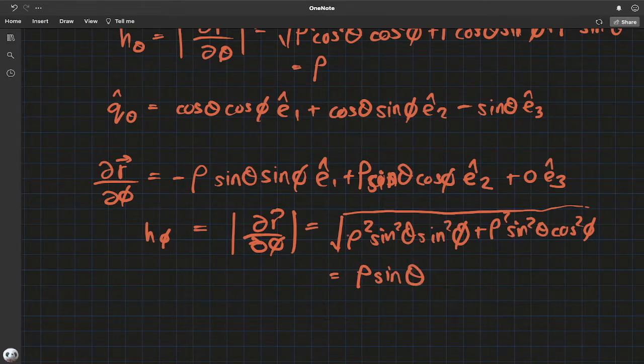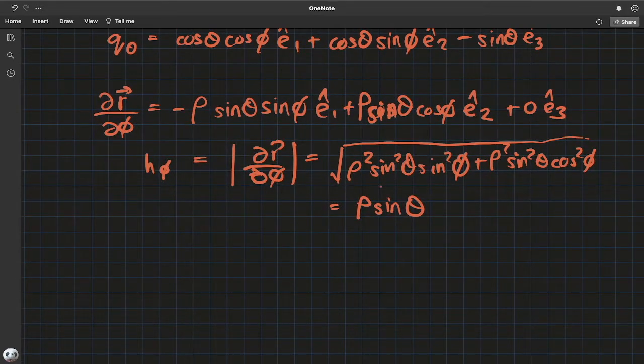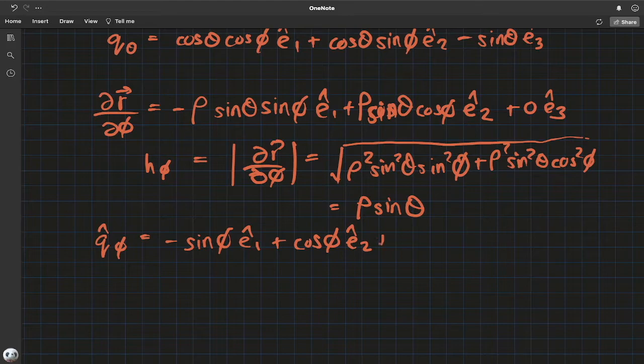Yes, it's a little non-trivial this time. Okay, so q sub phi hat is just dividing this out from the top expression. So negative sine phi e1 hat plus cosine phi e2 hat plus 0 e3 hat.